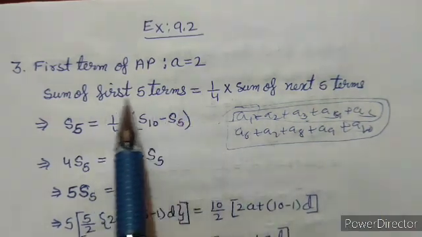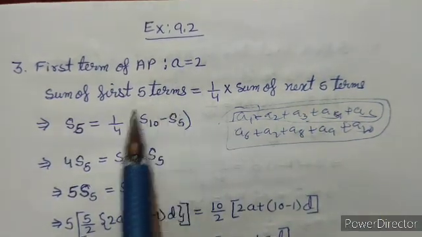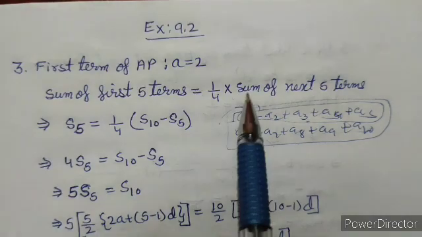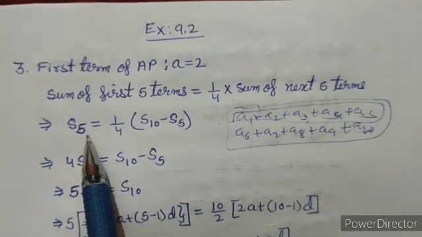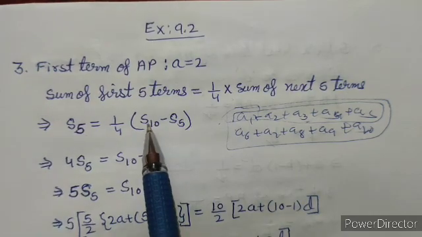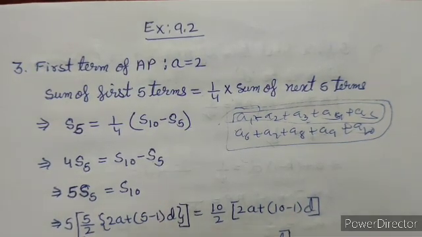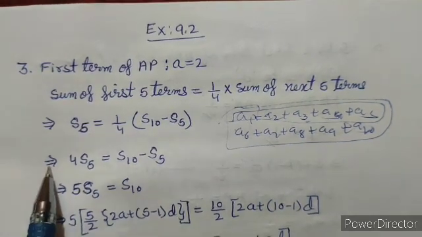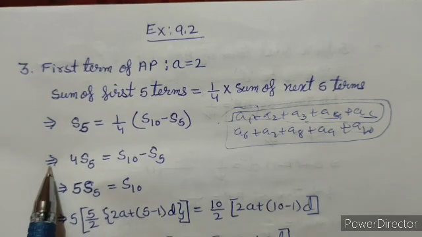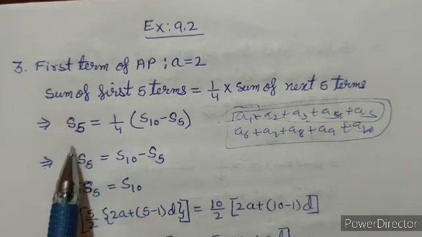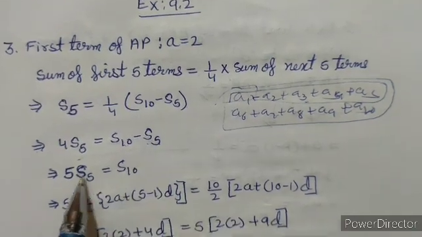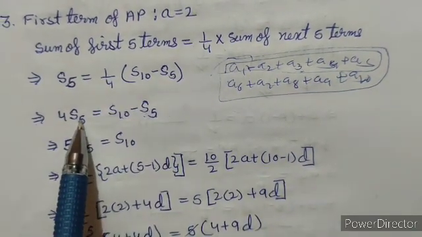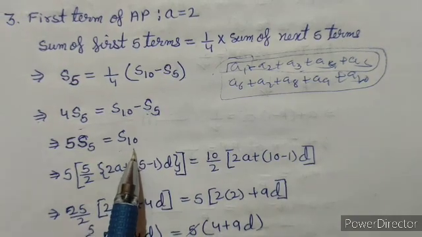So the sum of the next 5 terms will be S10 minus S5, and that gives us 4 into S5 equal to S10 minus S5. That means 5 S5 will be equal to S10.